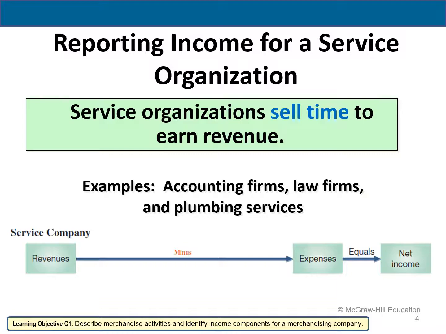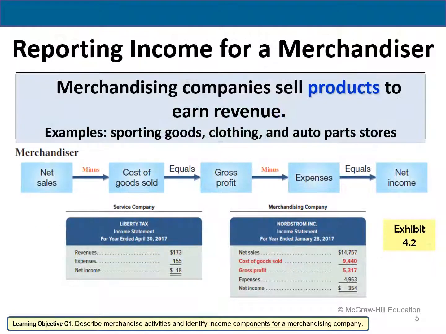We have revenues minus expenses equals net income, right? Well, in a merchandising company, we have this thing called cost of goods sold. And so our income statement, we start with net sales less cost of goods sold equals gross profit minus expenses equals net income. Okay, so there's just another component to the merchandising company's income statement.